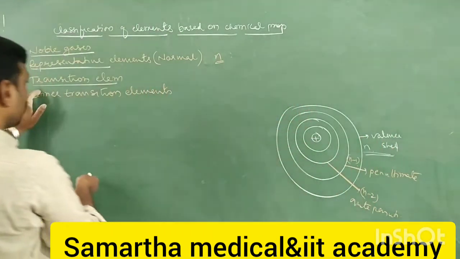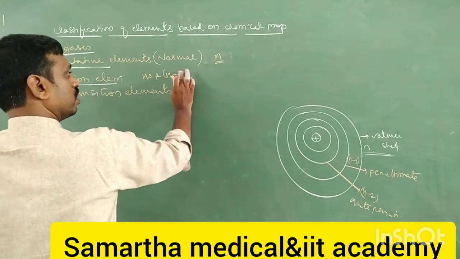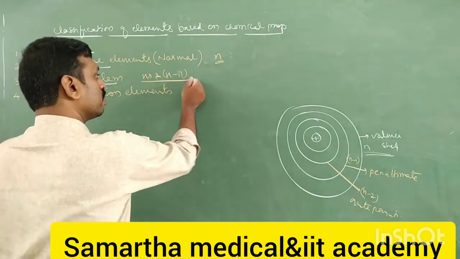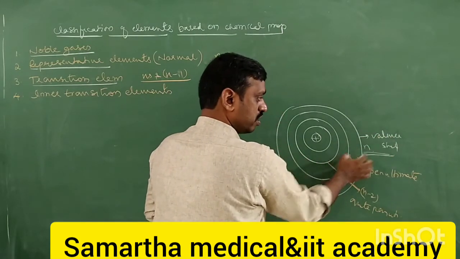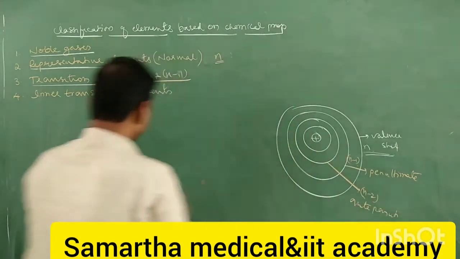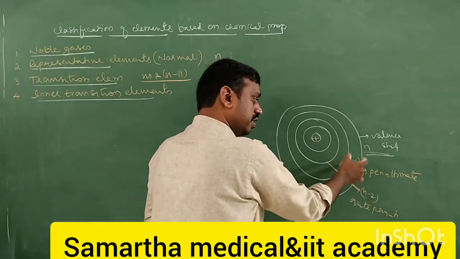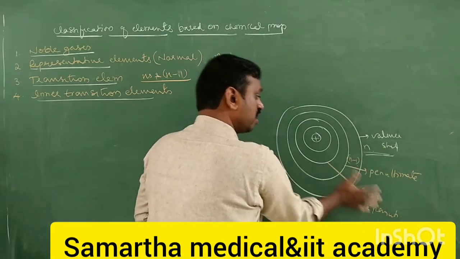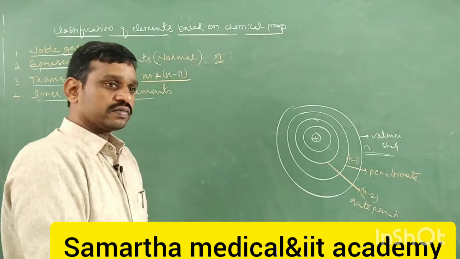Whereas in transition elements, ns and n minus 1, these two orbitals, the outermost and penultimate, are incompletely filled. Whereas in inner transition elements, the valence shell n, penultimate n minus 1, and antipenultimate n minus 2, all three are incompletely filled with electrons.